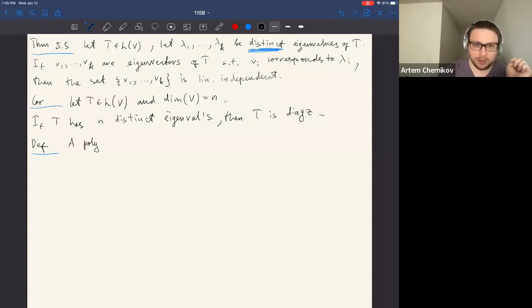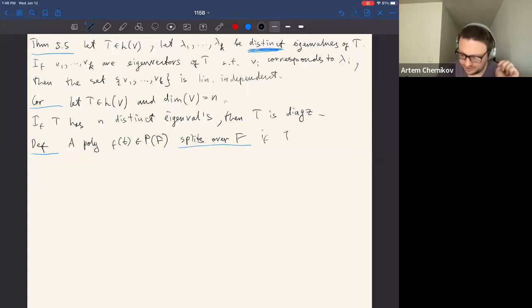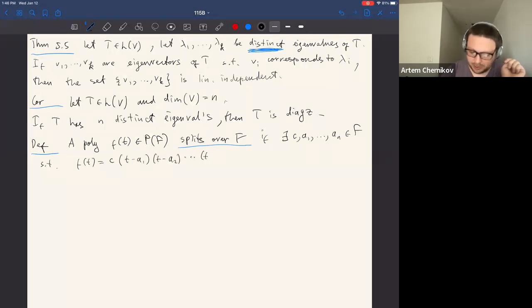A polynomial f of t over some field F, we say that it splits over F if there exist some scalars c, a1 through an, all elements of F, there might be repetitions between them, so not necessarily distinct, such that f of t can be written as the product of the corresponding linear factors: c times (t minus a1) times (t minus a2), etc., times (t minus an).